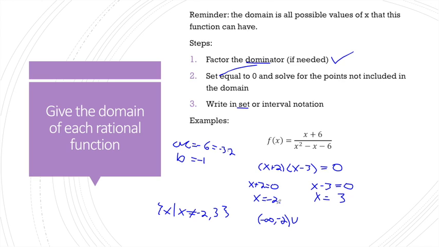Union with, it goes from negative 2 to 3, but there's a jump at negative 2, right? Negative 2 is not included. There's also a jump at 3. So that goes from 3 to infinity, okay? So when I'm given a rational function, I need to determine what our domain is, right? These are our new domains.